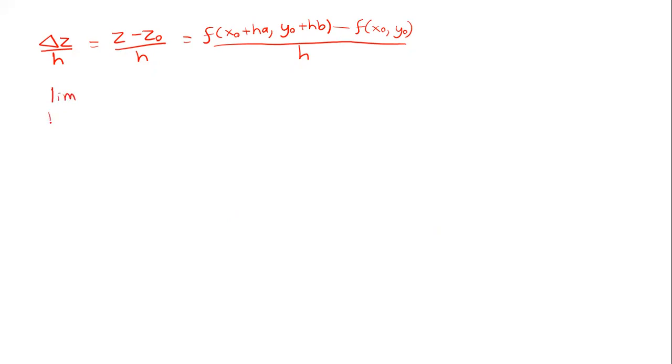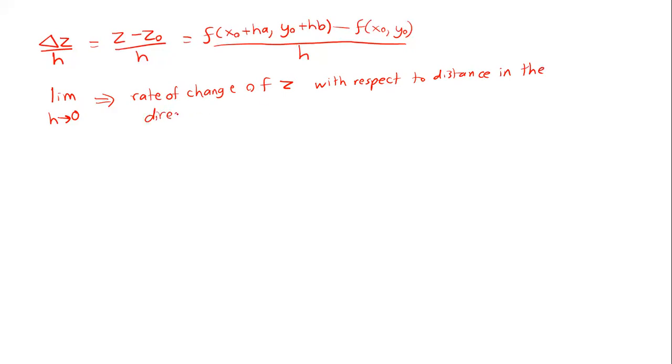So if I take the limit as H goes to 0 here, it gives the rate of change of Z with respect to distance in the direction of U. And this is called the directional derivative of F in the direction of U.